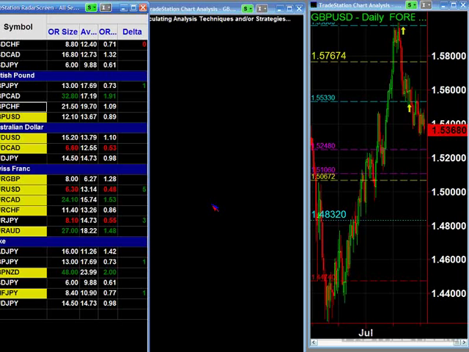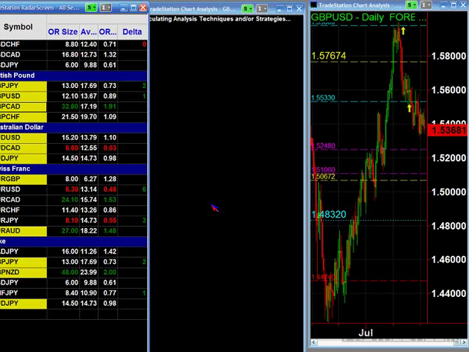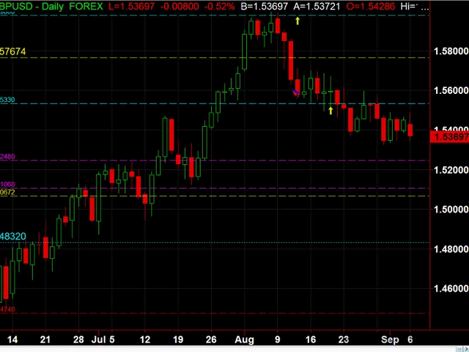So the argument that Jack is bringing forth, and it could be a very valid argument, is that the dollar is in trouble and the pound is in trouble. And there is an argument set forth that we might get a rebound in the pound. Well, the way we do that, Jack, we bring in a reference point.